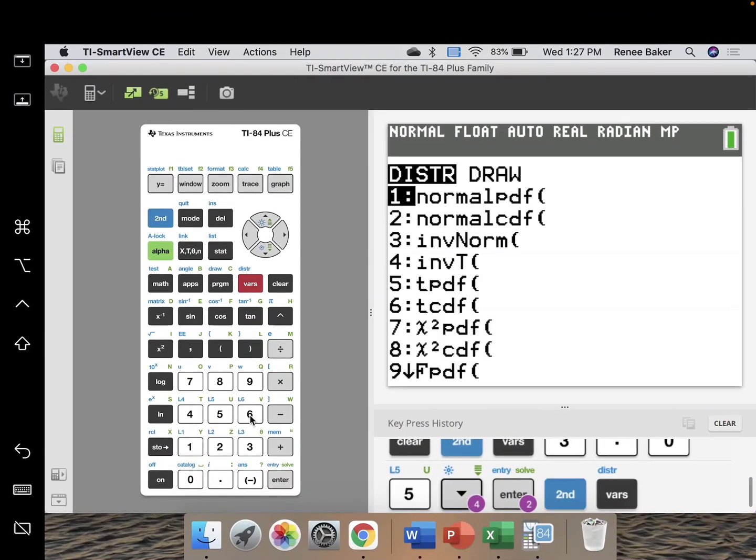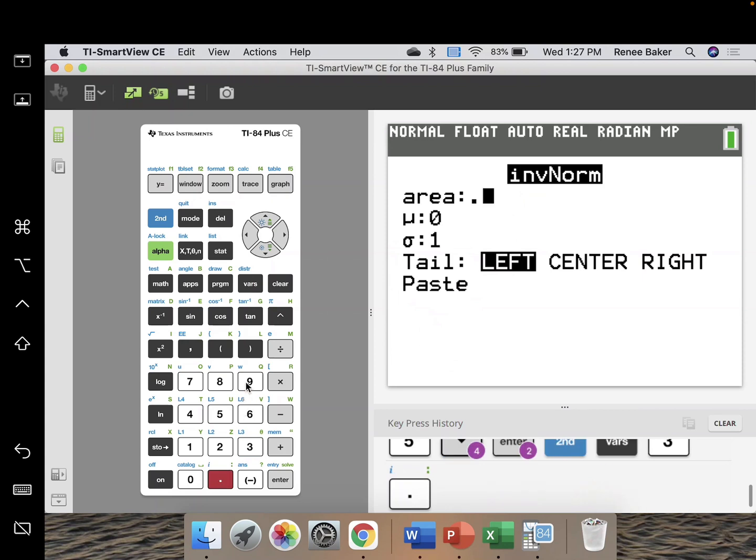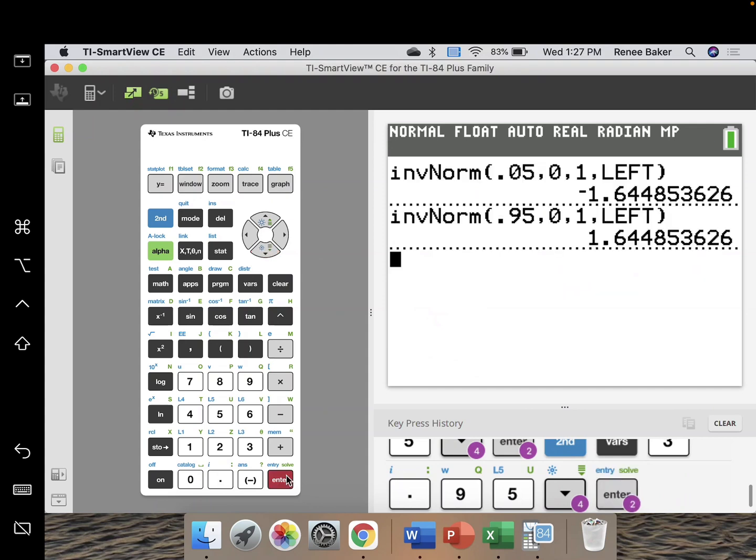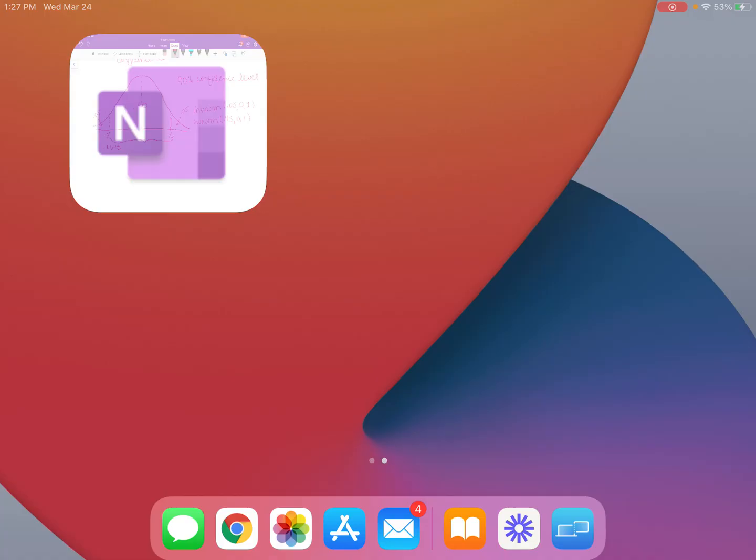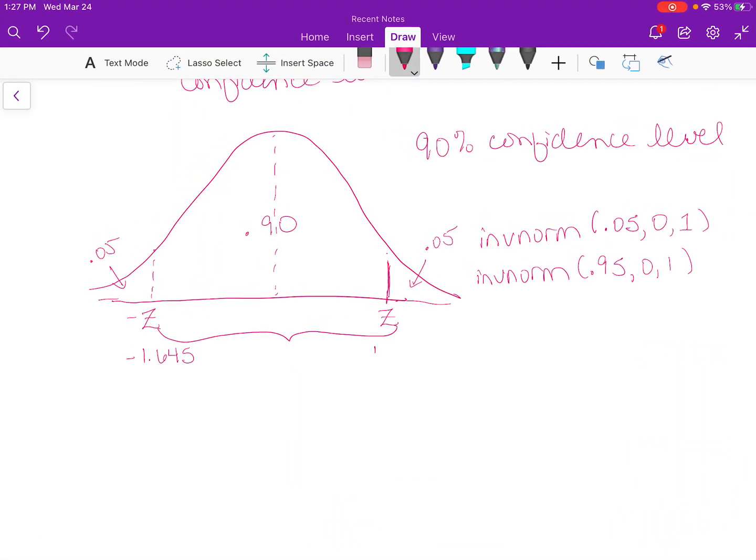So second vars, 3, 0.95, 0 and 1. And you can see it's positive 1.645, which hopefully makes sense to you because, like I said, it is symmetric. So you really only need to find one end because we're looking at both the positive and negative z-scores that are associated with 90% being in between them.